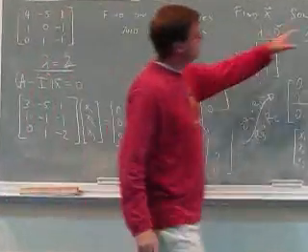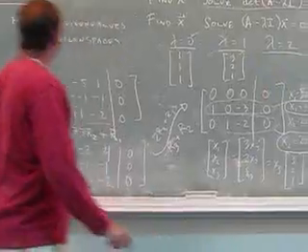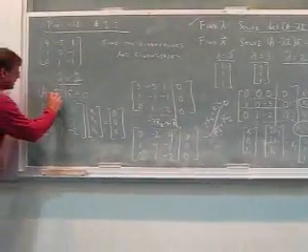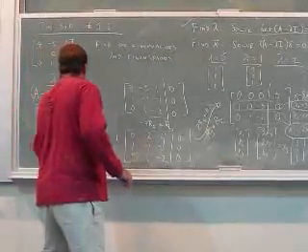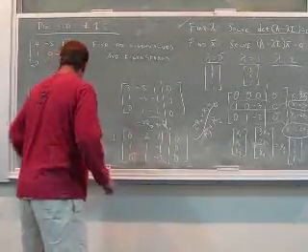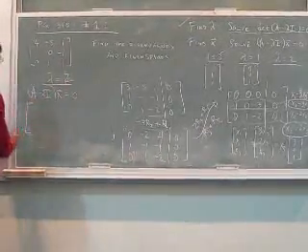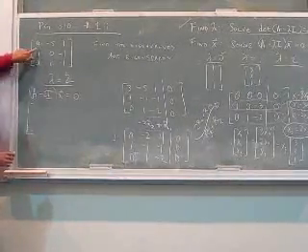So if lambda equals 2, I'm going to have a 2 here. So let's put a 2 here. And this matrix now becomes, I'm going to subtract 2 from the diagonal.